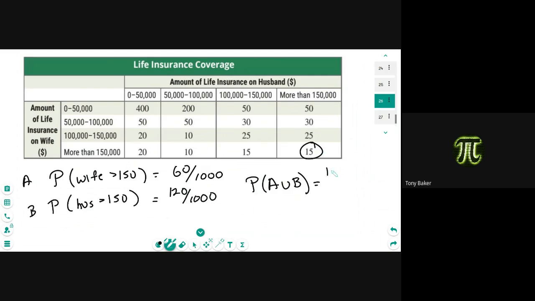So I get 180 minus the 15, which is 165 over 1,000. Because they're not mutually exclusive, I have to subtract that extra piece off. Otherwise, we counted it twice. So we had two events, not mutually exclusive. Find the probability of each one, add them, and subtract off the overlap.